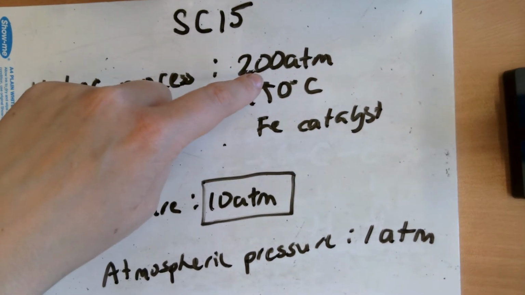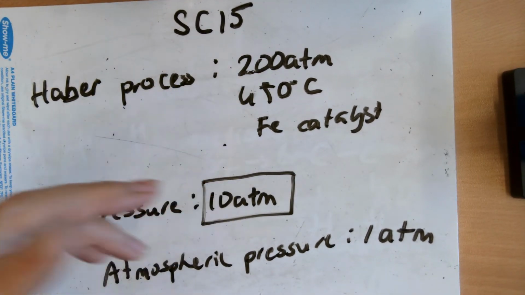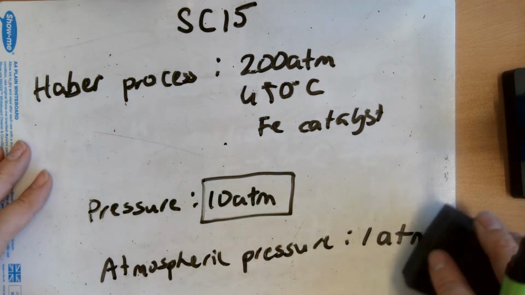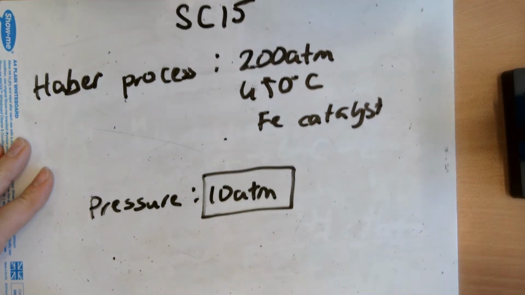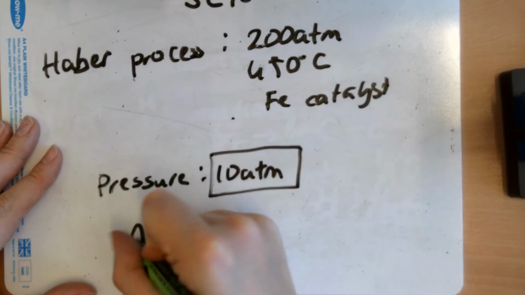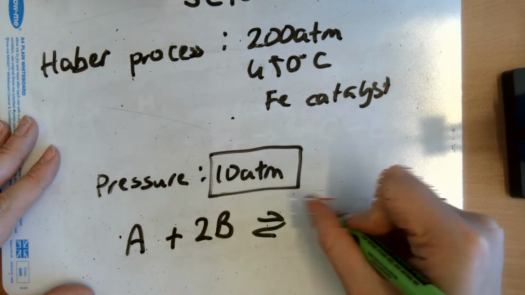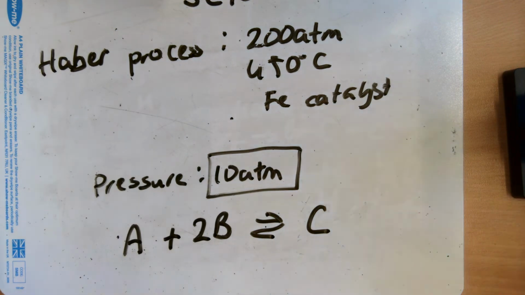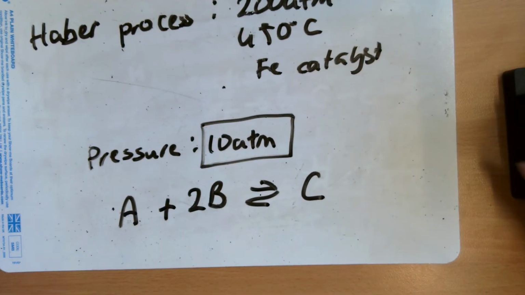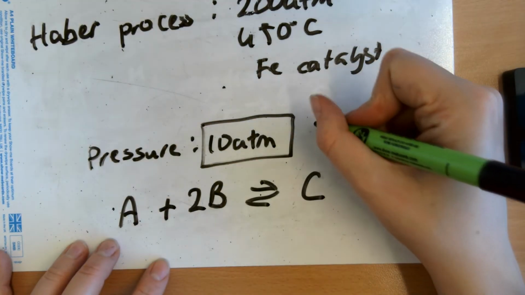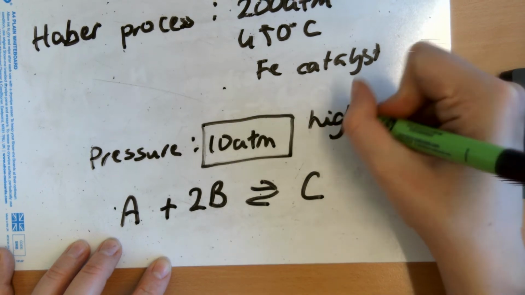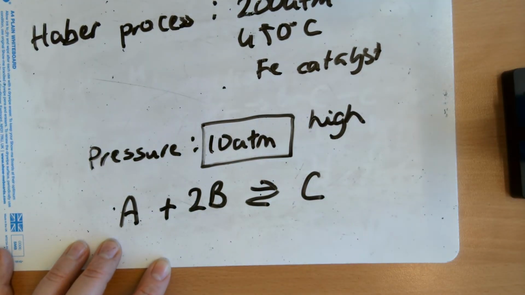Anything higher than 1 is going to count as high pressure, even if it's not as high as what's used in the Haber process. So when you were talking about this reaction, whatever reaction it was, let's just say A plus 2B goes to C, let's just make up a random reaction. When you're talking about this, the pressure is higher than atmospheric pressure, so it does count as being a high pressure.